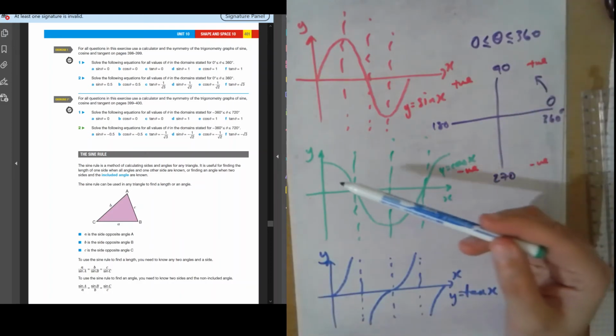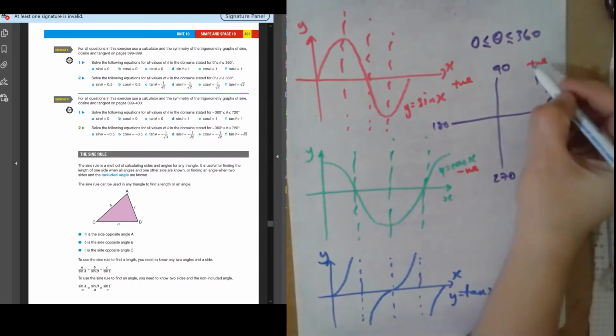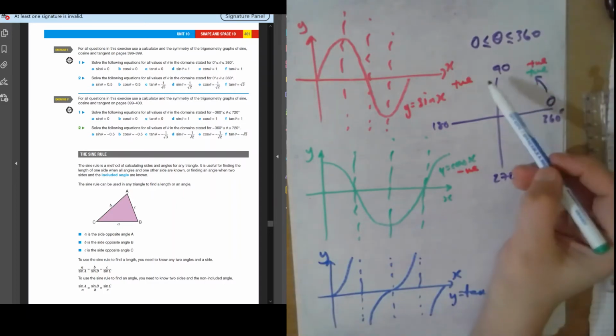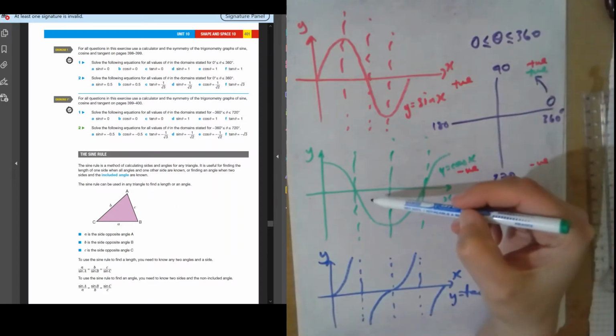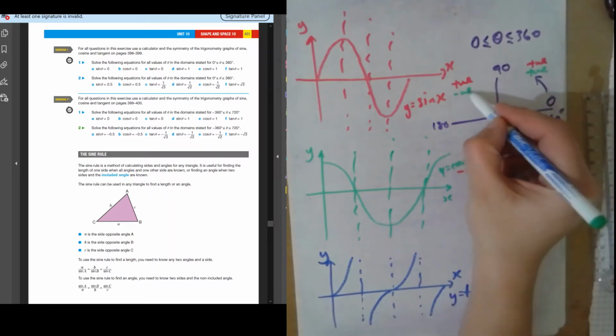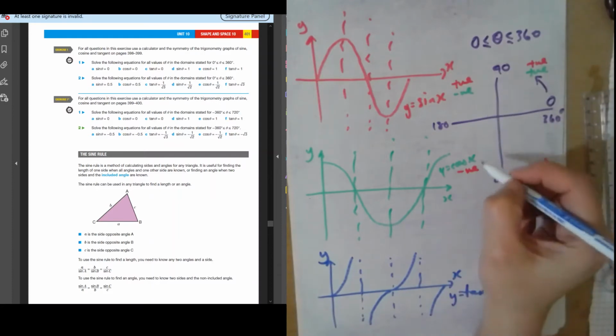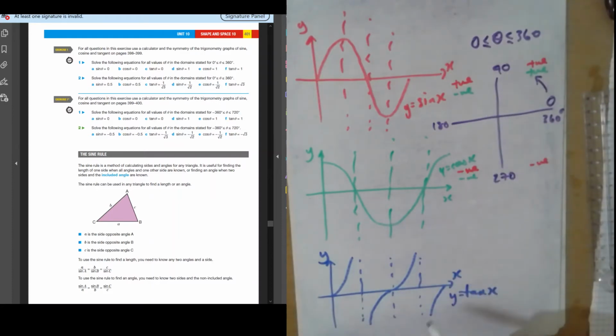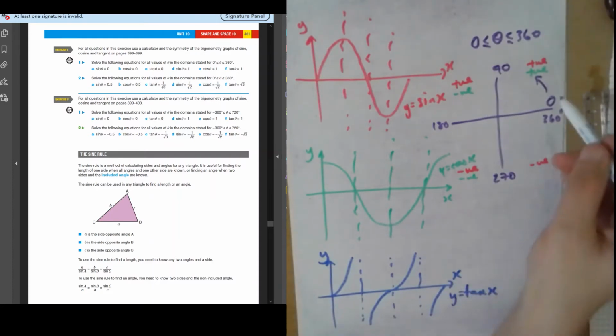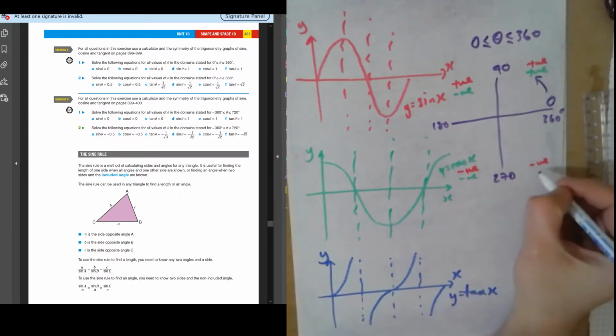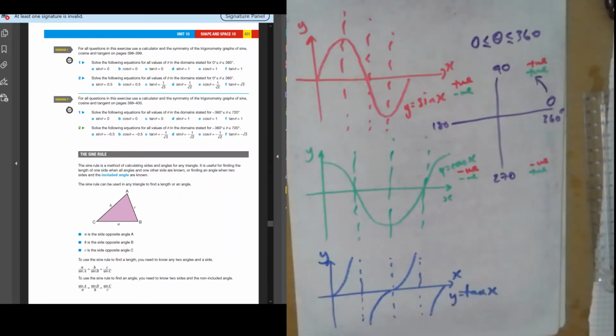For cosine, between 0 and 90 is positive. Between 90 and 180, it is negative. Between 180 and 270, it's still negative. Between 270 and 360, it is positive. Last but not least, we have our tangent.